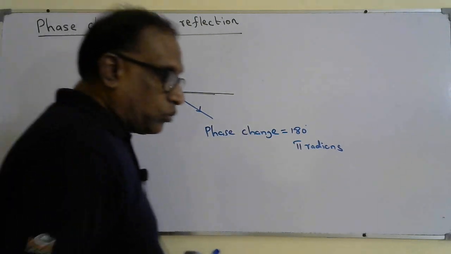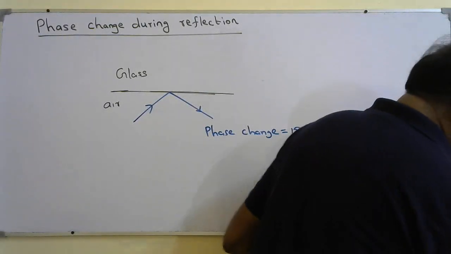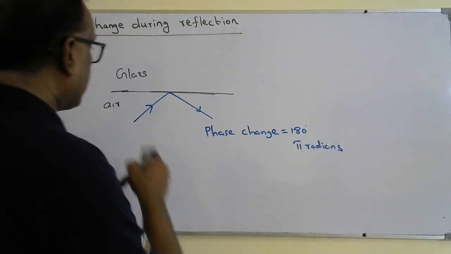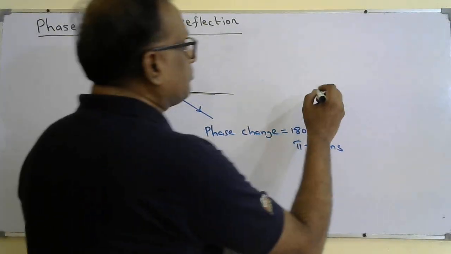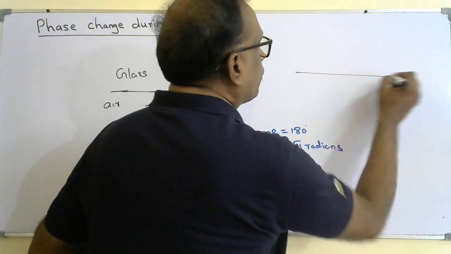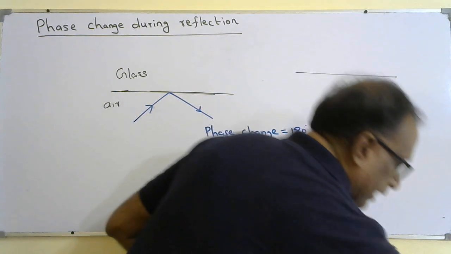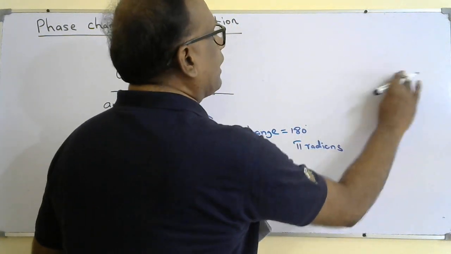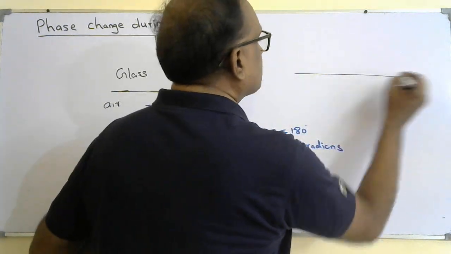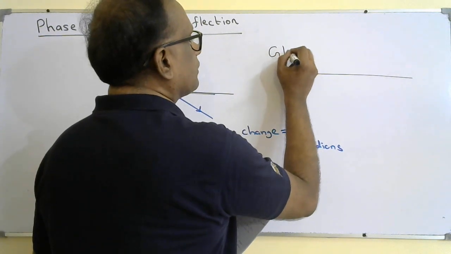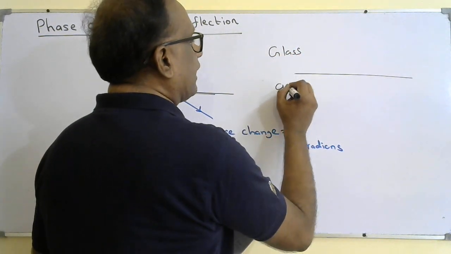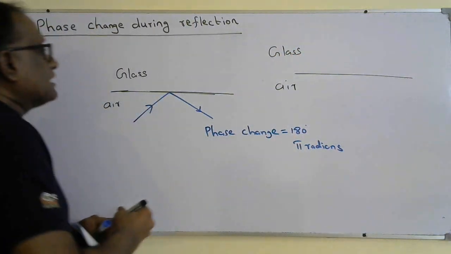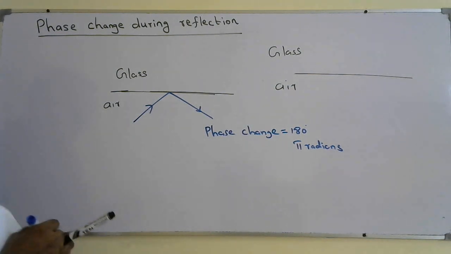But if the light reflects from the boundary where glass meets air, and the light is moving from glass to air, this is glass, this is air.